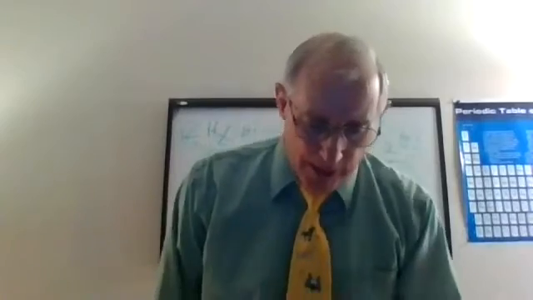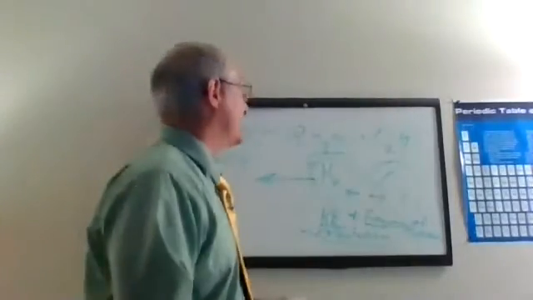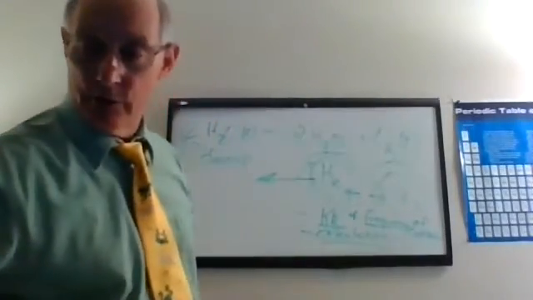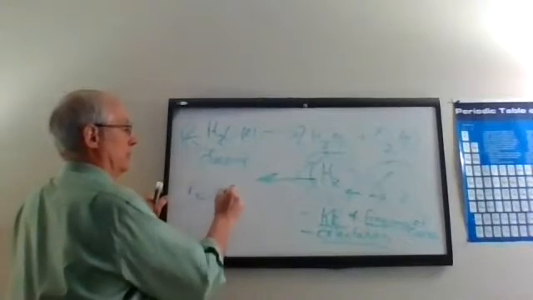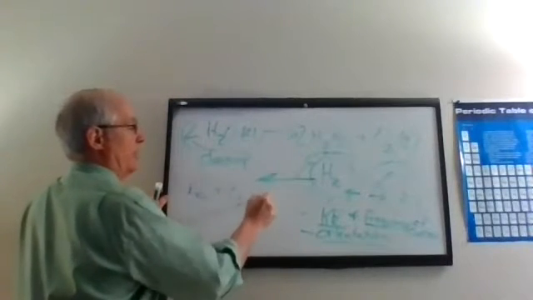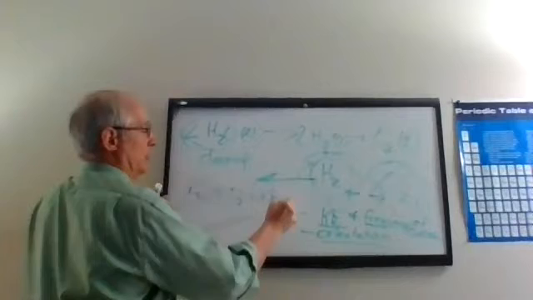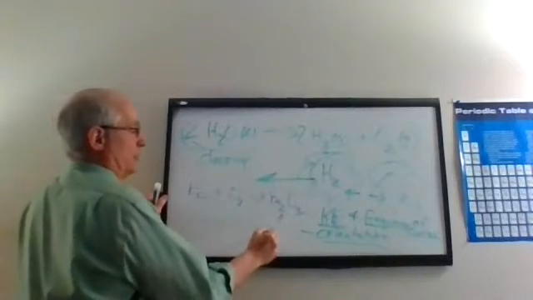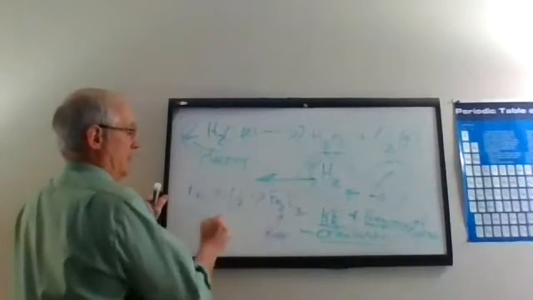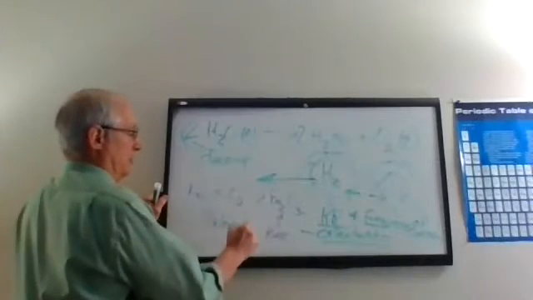The nature of the reactants has something to do with it. If you take iron and oxygen and put them together to form iron oxide, this type of iron oxide is called rust. That is a slow process.